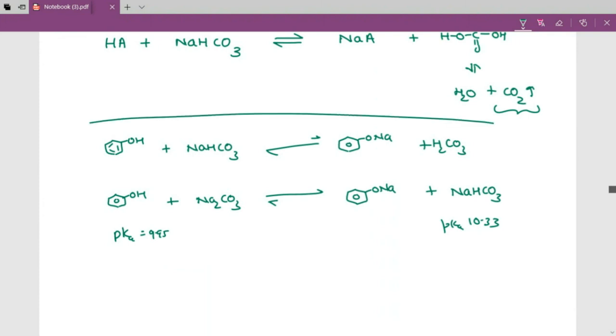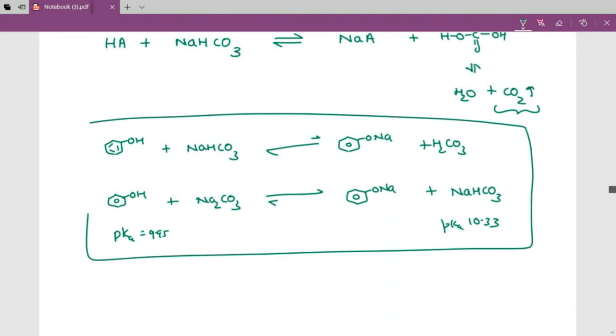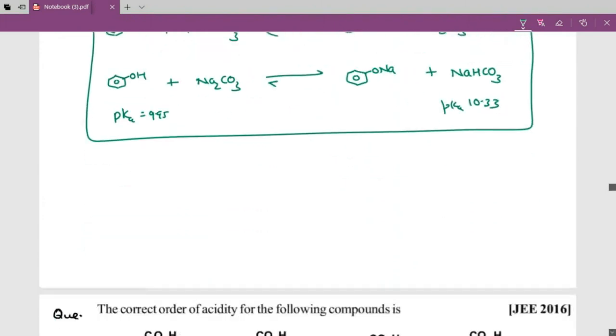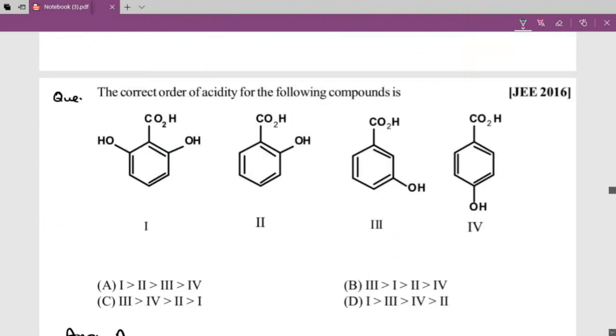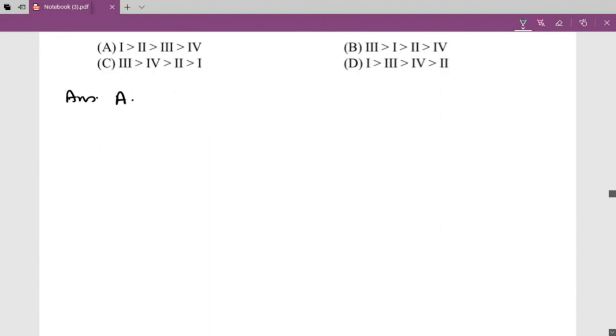So please remember, phenol does not react with NaHCO3, but it does react one step up, with Na2CO3. Okay, the correct order of acidity, and I think you can handle that question easily.